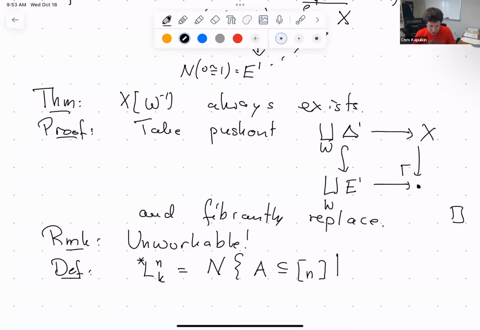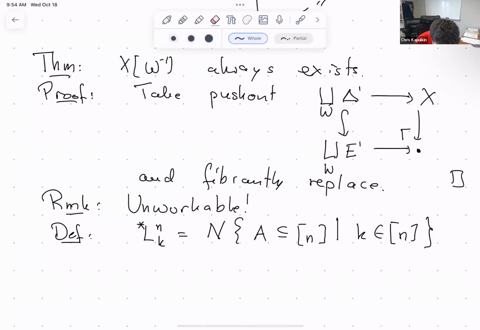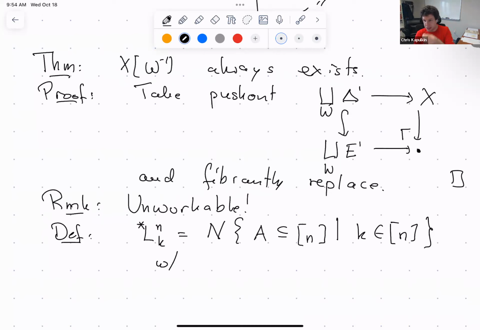Okay, well, we were talking about two simplicial sets that I'm now trying to define, or marked simplicial sets. The first marked simplicial set will be the nerve of a very weird poset: the poset of subsets of the set N that contain a fixed element K. I need to tell you what the marking is. The zero simplices would be just subsets, and the one simplices would be inclusions of subsets.